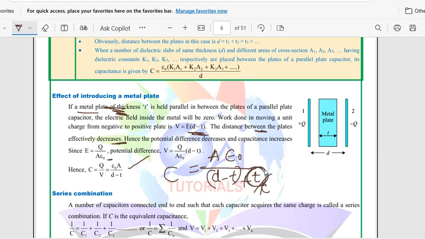If this K is small, the equation becomes the capacitance of the parallel plate capacitor when you introduce a metal plate between the two plates, that is epsilon naught into A divided by D minus T. This is the expression for the effect of introducing a metal plate between the two parallel plates. I hope this concept is clear to you.